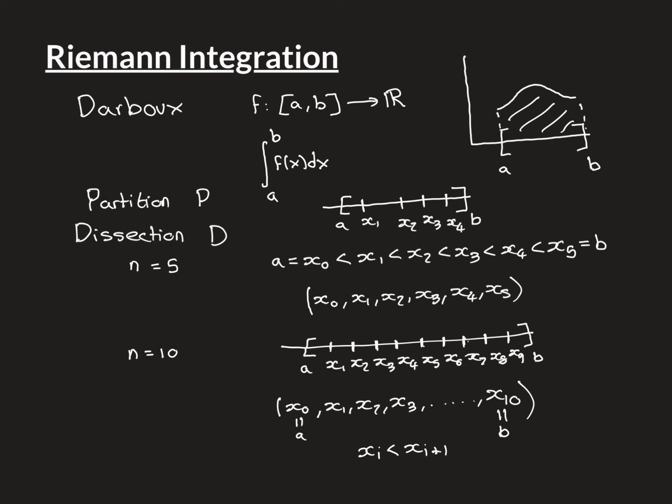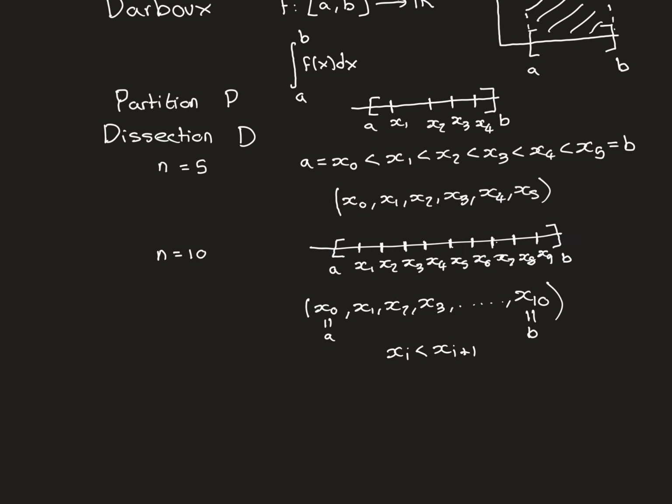Now, the formality of this is slightly different, because in a partition they're capturing exactly the same concept of cutting the interval up into pieces. It's just the technicality of how it's being captured that is slightly different. In a dissection, we store the information of where the cuts are in this sequence, like so, whereas in a partition, what you do to formally capture this concept is define the partition.